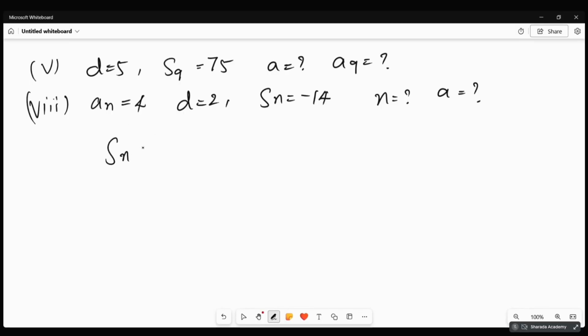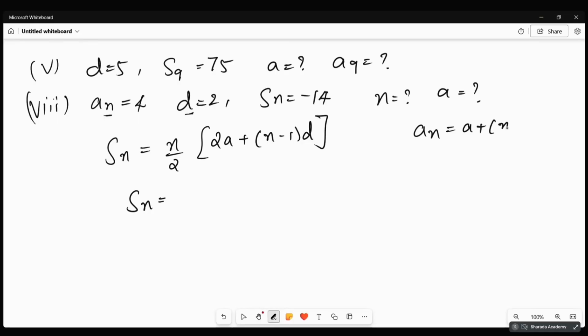Now listen here. Sn is what? N by 2 into (2a plus (n minus 1) into d). Here we know the an value and d value. So I can use here Sn equal to an directly. One minute. An is equal to what?